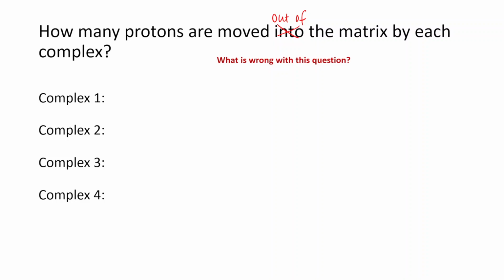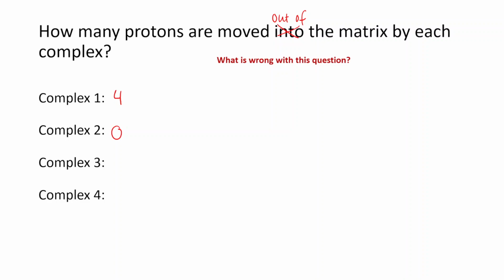Okay, so now that we know which direction we're going, how many protons are being moved by complex 1? 4. Yep. And how about complex 2? Yeah, it is 0. So complex 2 is the one that doesn't actually pump out any protons. But complex 2 is special for another reason that we will talk about on the next slide.